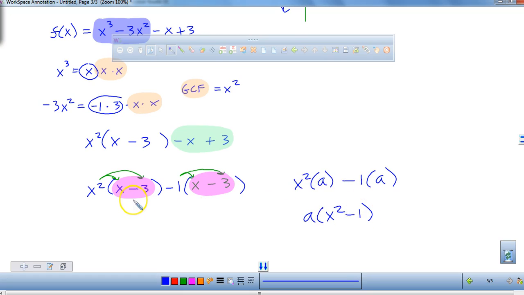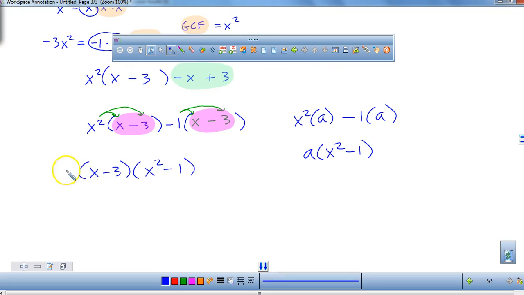Well, here, what's the common factor? The difference between a number and 3. Those are the common factors. So I can actually factor out x minus 3, and what do I have left? I have x squared minus 1. Now, here's what we have.